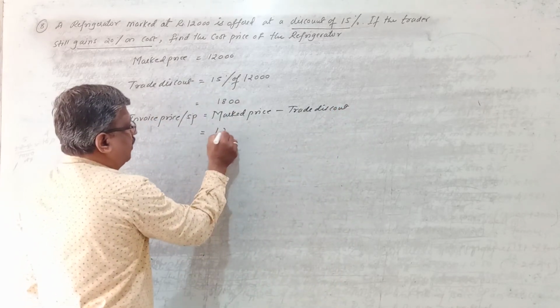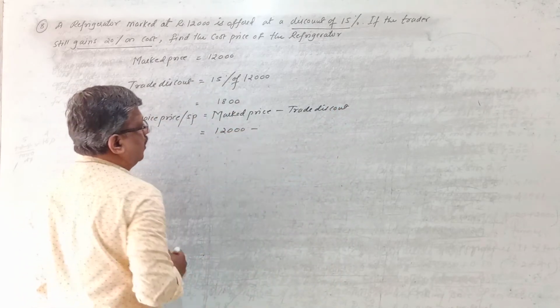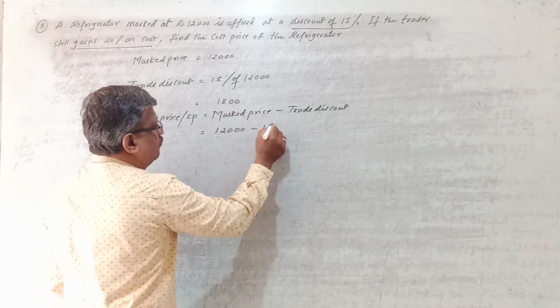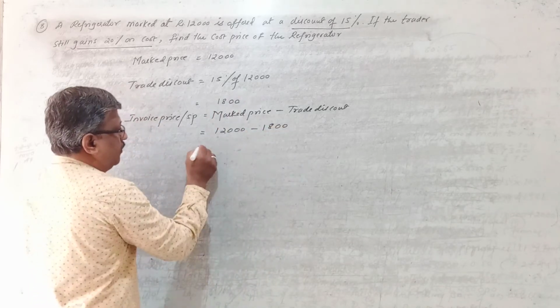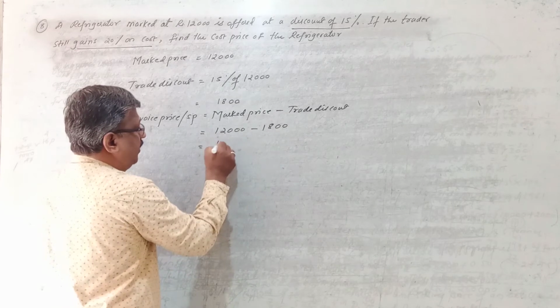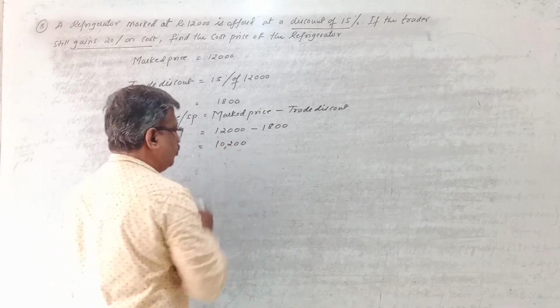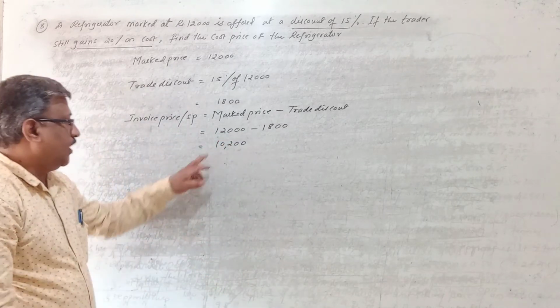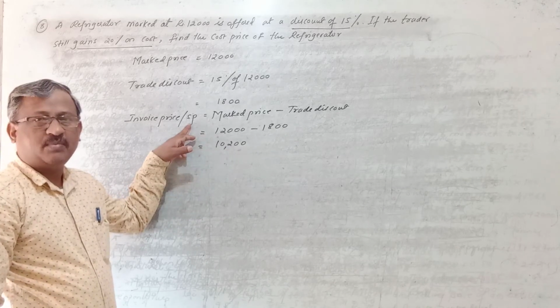The mark price is 12,000 minus trade discount 1,800, and you will get 10,200. So 10,200 is my selling price.